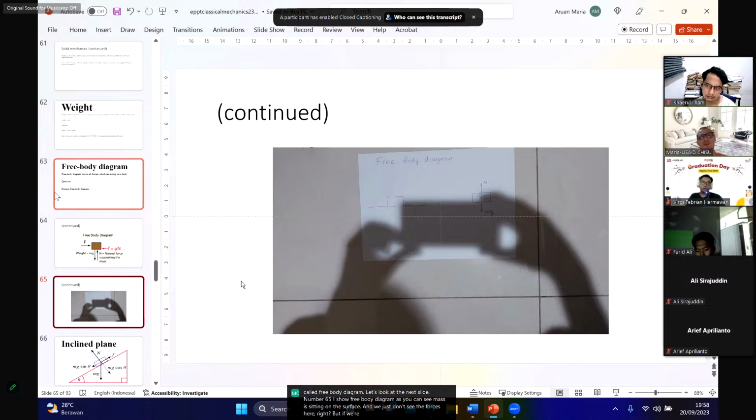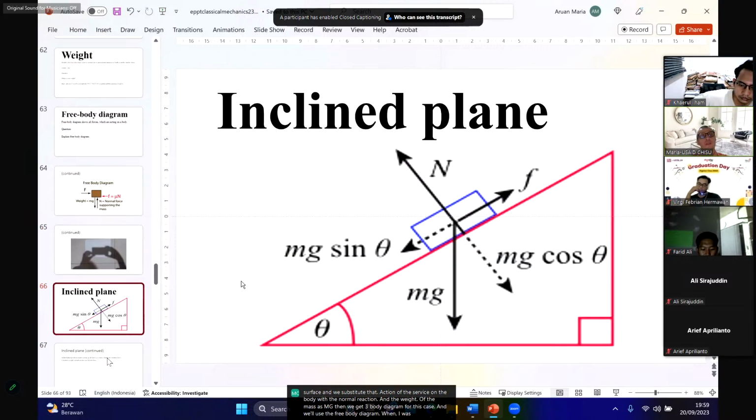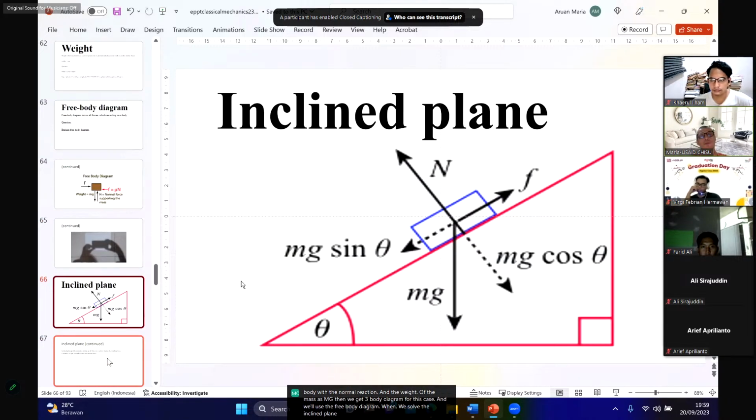But if we remove the surface and we substitute the action of the surface on the body with the normal reaction and the weight of the mass as mg, then we get the free body diagram for this case. And we will use the free body diagram when we solve the inclined plane problem. Slide number 66.